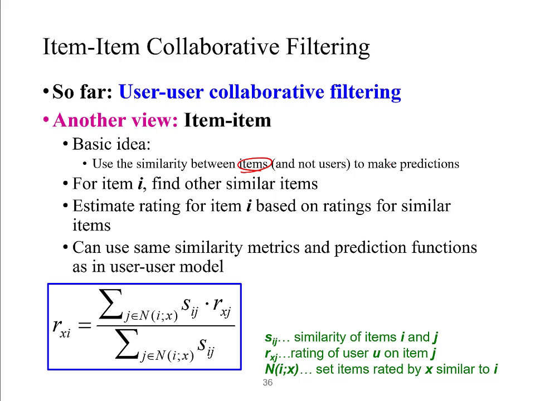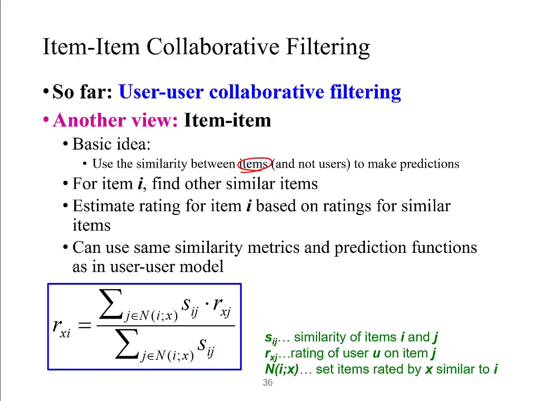But actually, we can reuse the similarity functions that we have introduced before. Then we estimate ratings for item i based on other ratings for similar items. So we can use the same similarity metrics and prediction functions as in the user-user model.